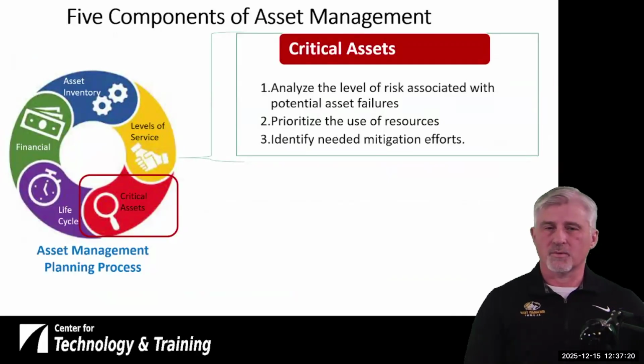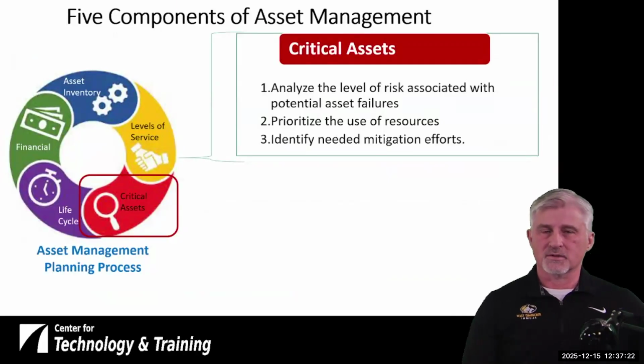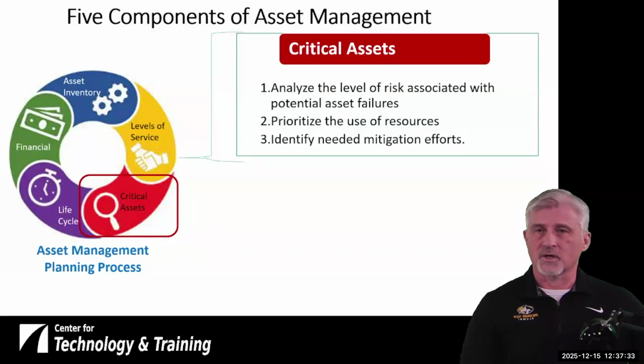That's going to be important when determining which of our assets we prioritize for replacement. And then prioritize the use of resources, how we're going to spend our money, or our time. It's important to know, and typically we work on the more critical things. And then identify any mitigation efforts that might be necessary.